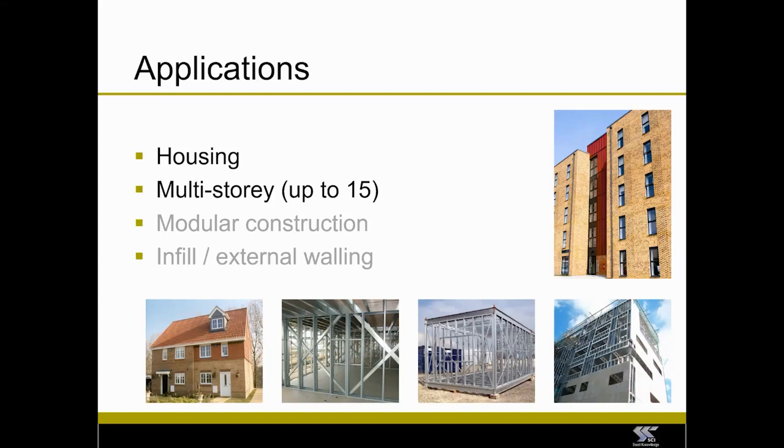And then not in a primary structural usage, but a very common usage of light steel sections and cold formed members is infill and external walling systems. So that bottom right diagram that we've got there, we've got an external wall system with light steel sections.